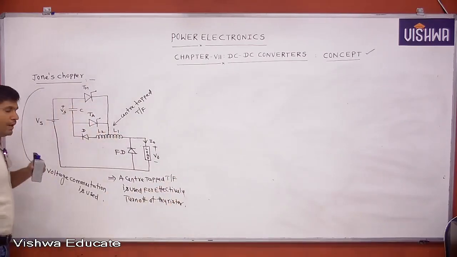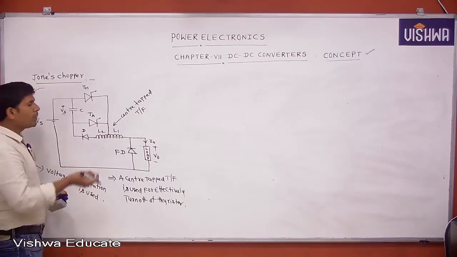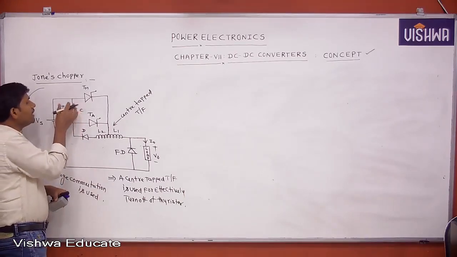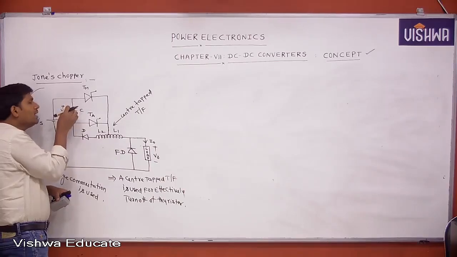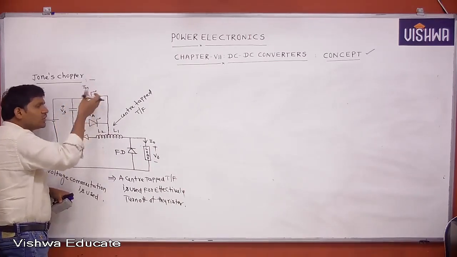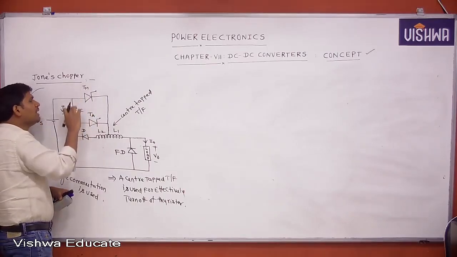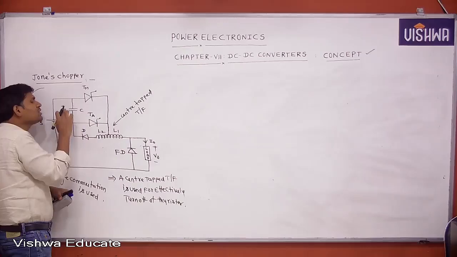How does it effectively turn off? We know that in the voltage commutated chopper, the reverse voltage of the capacitor is applied across the main thyristor, and then the main thyristor turns off. For effective turn off, the energy stored in the capacitor must be very high.